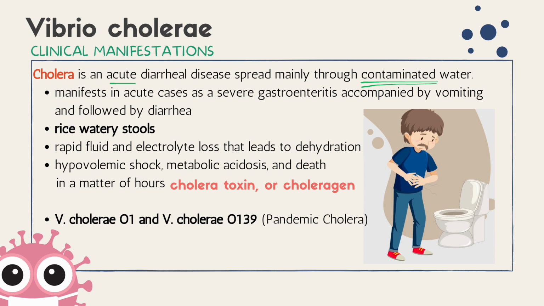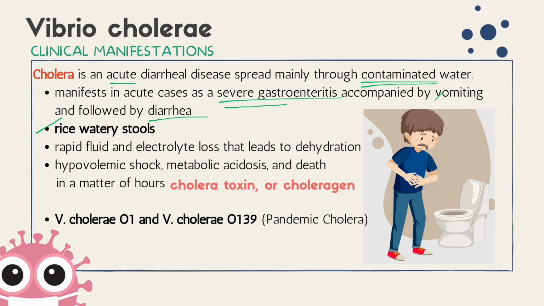Most of the time for cholera, infected people manifest in acute cases as severe gastroenteritis. This is the inflammation of our gastrointestinal tract, accompanied by vomiting and followed by diarrhea. The hallmark of this particular disease is the rice watery stool.